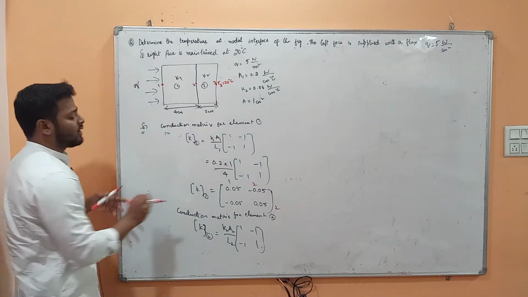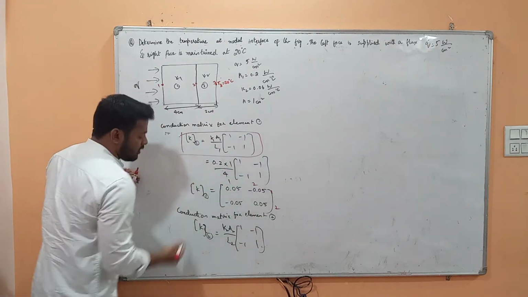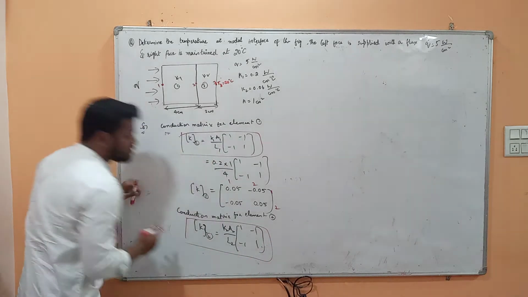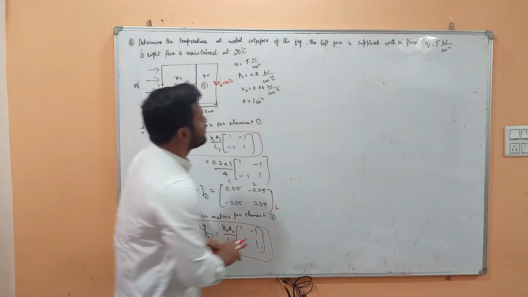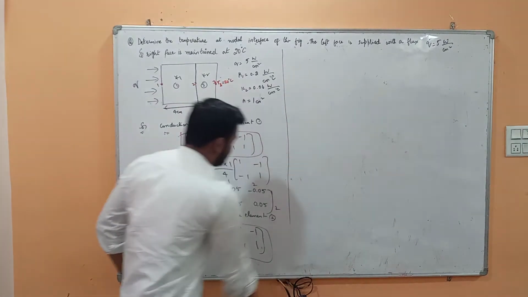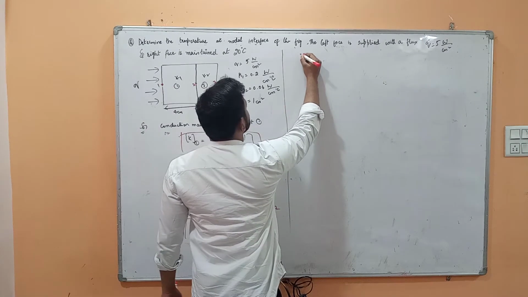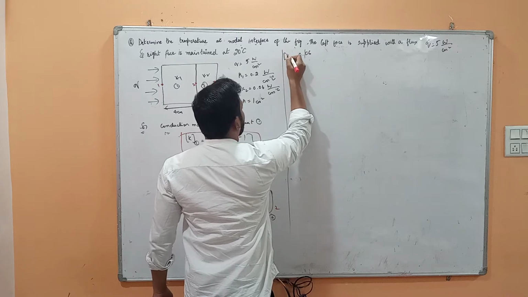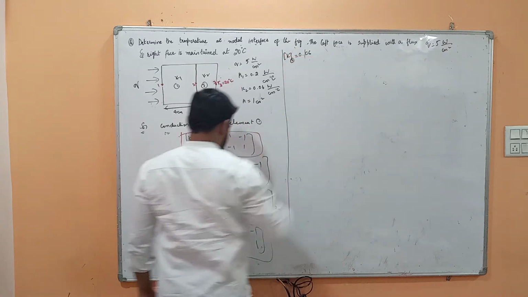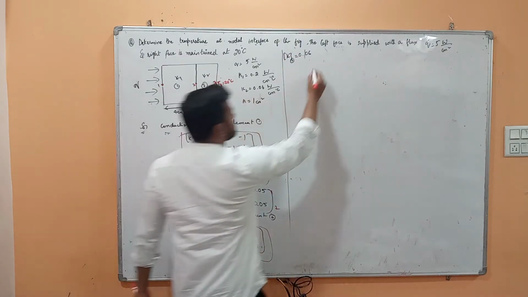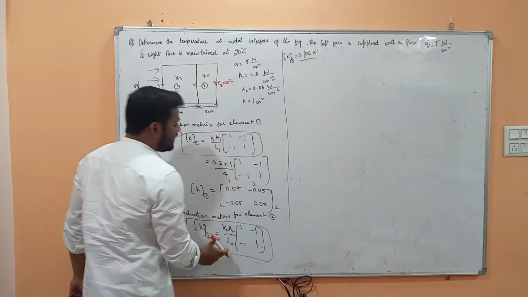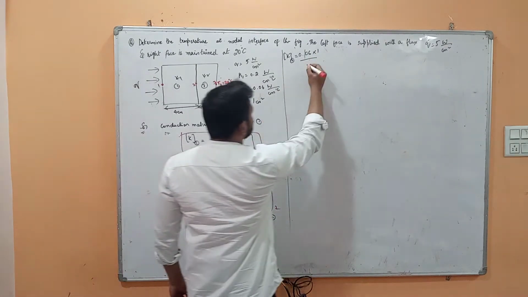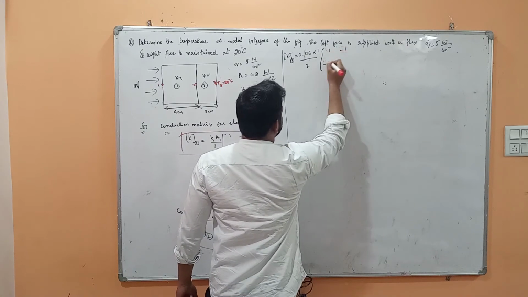These are the formulas, so I am writing them in the box. We have to substitute K2, A2 and L2 here, which are given in the question. The K2 value is given as 0.06, the A2 value is 1, and L2 is 2 centimeter.